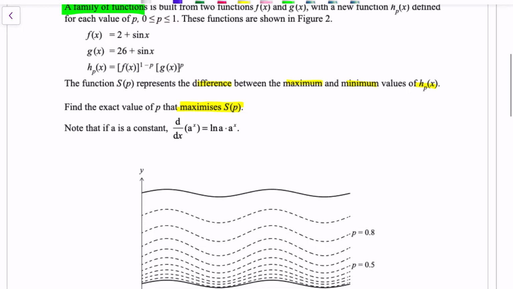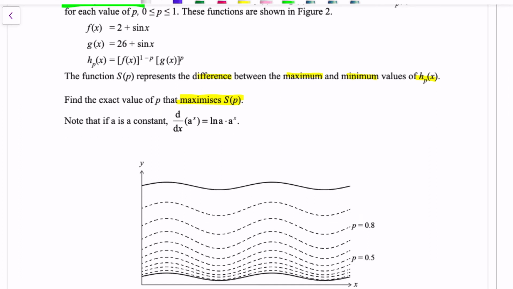The graph has been given here, and what you should see, y equals f of x and y equals g of x are the solid lines. This one here is g of x. That's equal to 26 plus sine x. And it hovers in and around 26.